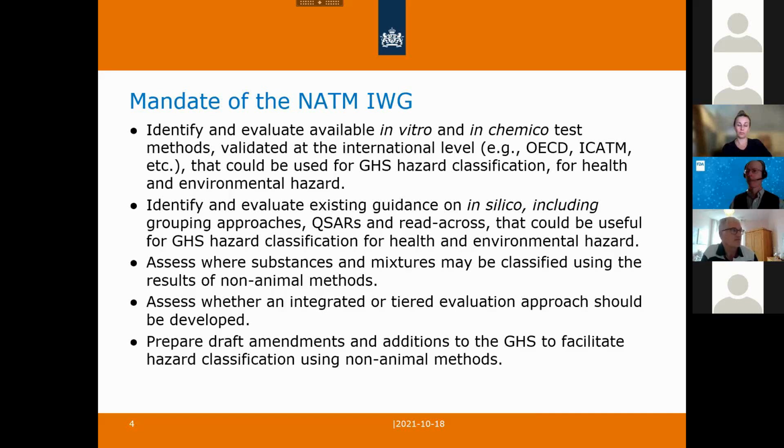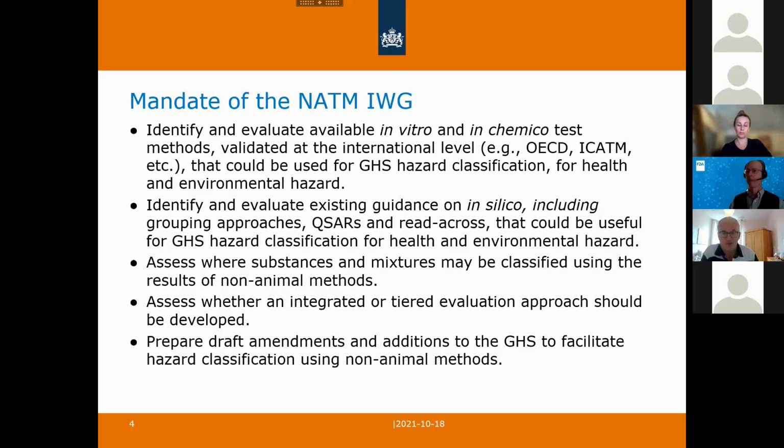And then we can identify available in vitro and in chemico methods validated at an international level that could be used, identify existing guidance for such approaches, assess whether substances and mixtures can be classified using those non-animal methods, and then assess how to combine such information, whether in an integrated approach or in a tiered approach.